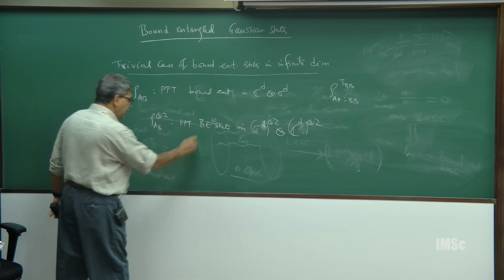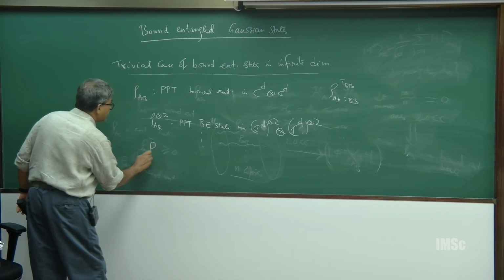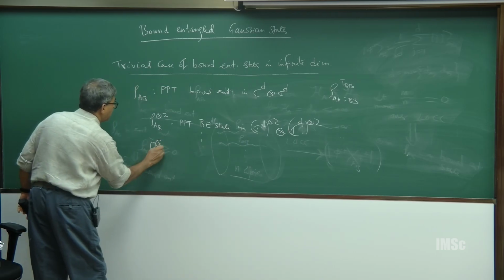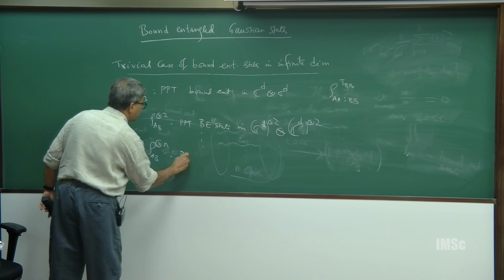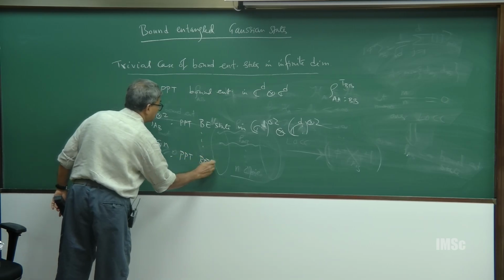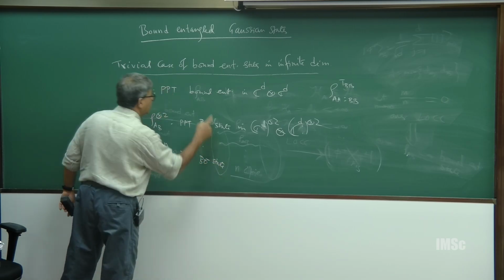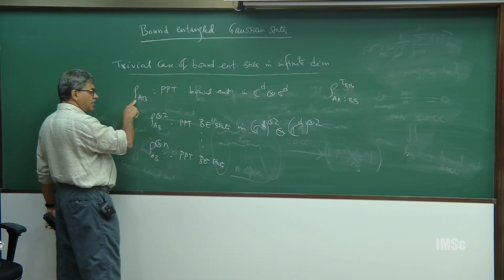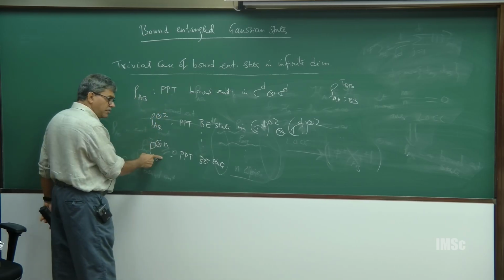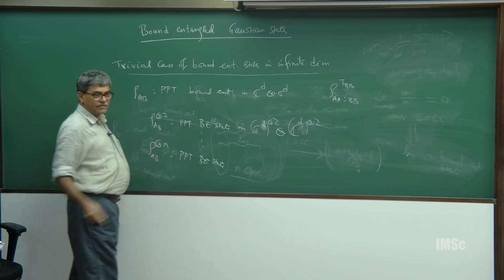So in this way you can show that rho AB, if I take n copies, is a PPT bound entangled state. You start with a single copy of a PPT bound entangled state, take n copies, and again it is a PPT bound entangled state.